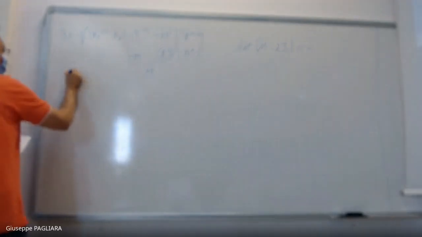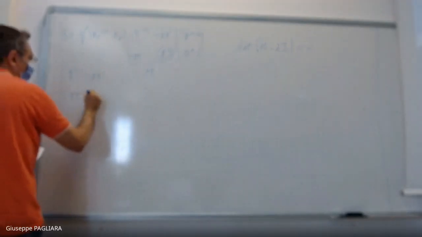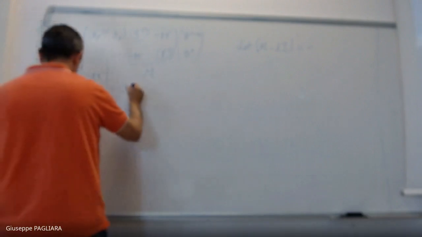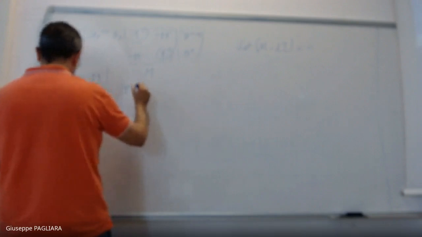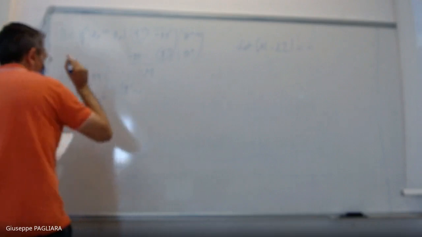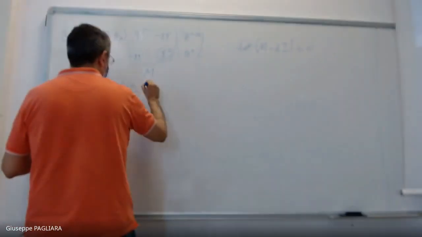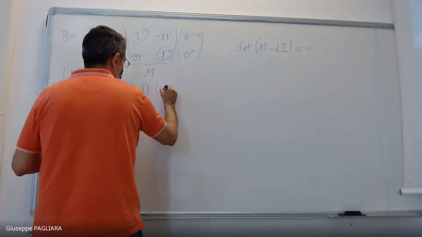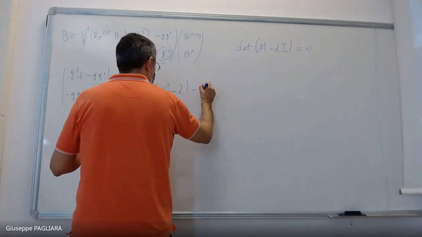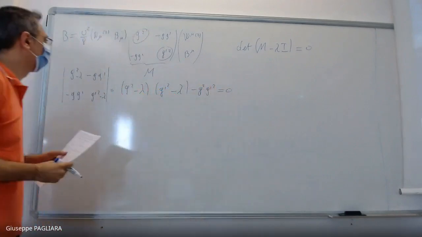We calculate the determinant of g squared minus lambda, minus g g prime, minus g g prime, g prime squared minus lambda. It is g squared minus lambda times g prime squared minus lambda, minus g squared g prime squared, and this has to be equal to 0.